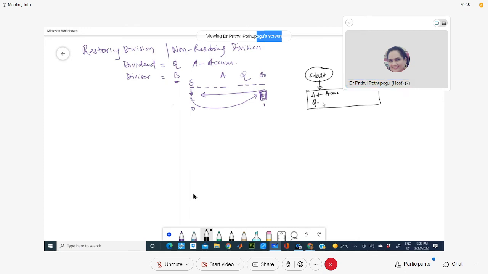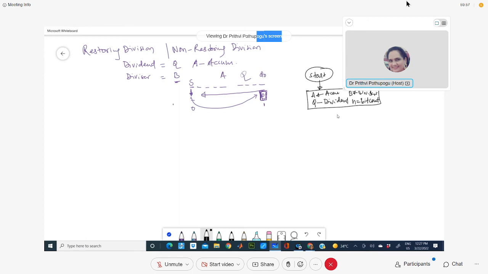Take Q as the dividend and B as the divisor. Then how many bits do you have? That is N, the bit count. That means how many iterations we need to perform is decided by this count.